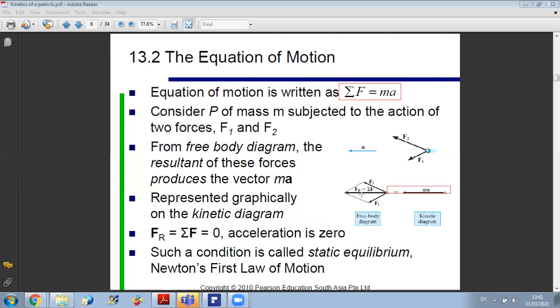You can be in static equilibrium or dynamic equilibrium. Static equilibrium means that you are not moving. Dynamic equilibrium means that you are moving, but with constant velocity vector, so 0 acceleration. Any question until here?